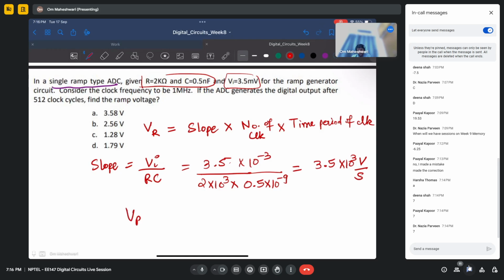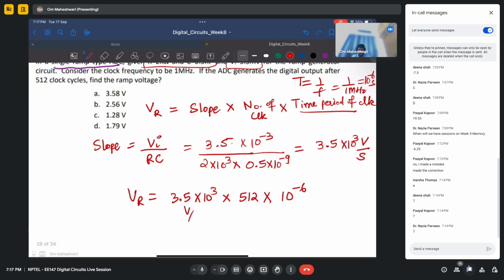Now VR is 3.5 into 10 to the power 3. Number of clock cycles are 512 and time period is given by T equals 1 by F, which is 1 by 1 megahertz equals 10 to the power minus 6 seconds. So into time period is 10 to the power minus 6.